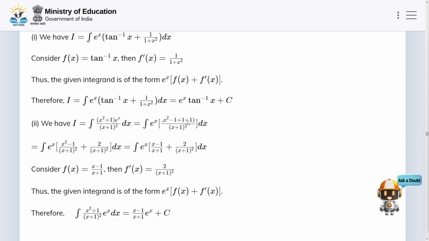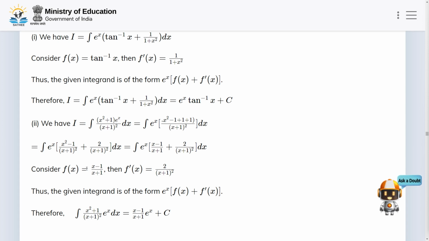Okay, so break them. So we get e^x multiplied by (x square minus 1) divided by (x plus 1) whole square. Okay, so this can be rewritten as e^x multiplied by (x minus 1) divided by (x plus 1) plus 2 divided by (x plus 1) whole square.